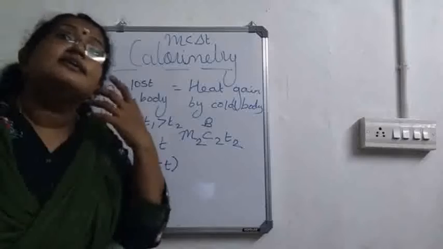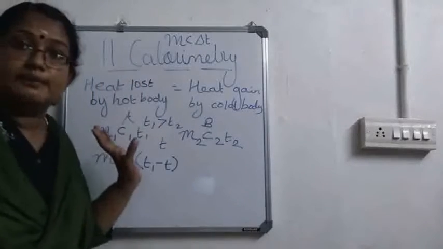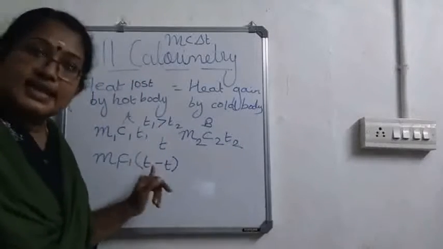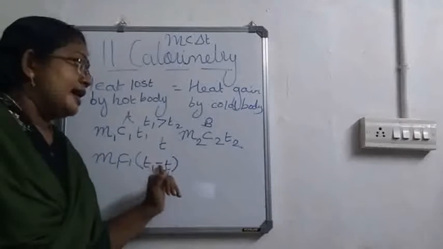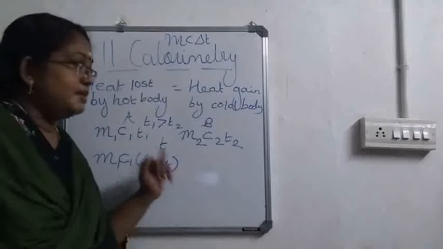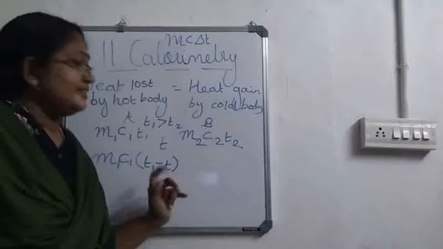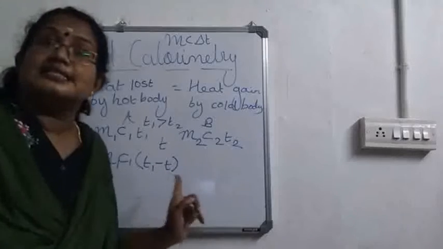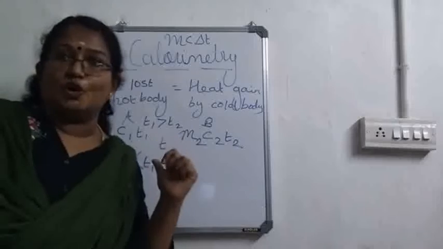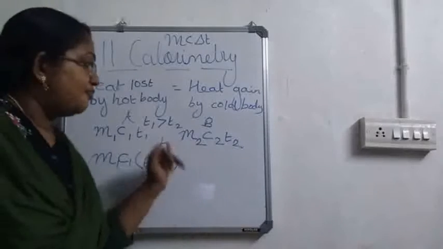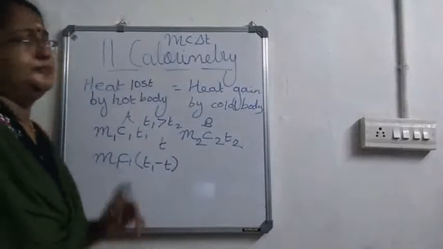This body is losing heat. Okay. So, T1 is greater. It is giving away heat. Then, the final temperature by mixing these two is T. That is why we are writing here as T1 minus T. T1 is greater because that is the hot body. By losing heat, the final temperature becomes T.